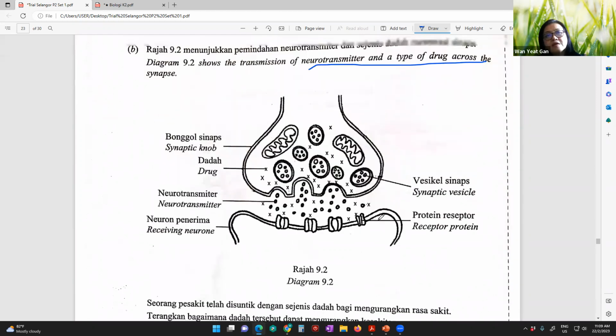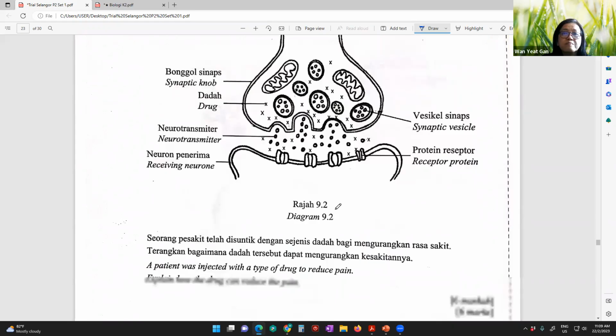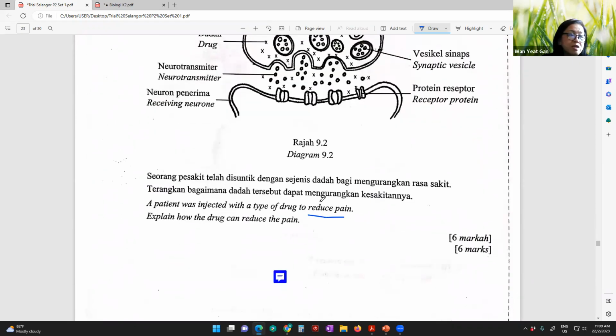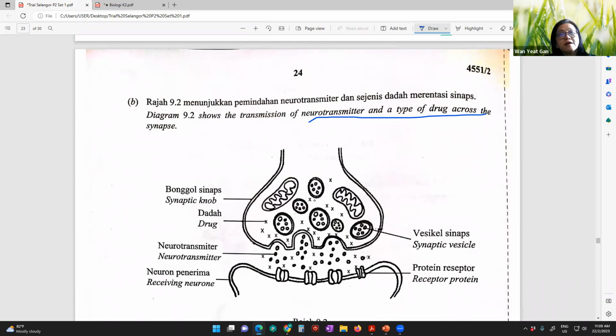Now, this patient has been injected with a type of drug that reduces pain. The keyword here is reduces pain. So a drug that reduces pain is a depressant drug, right? It's a depressant. So he has been injected with a depressant drug.